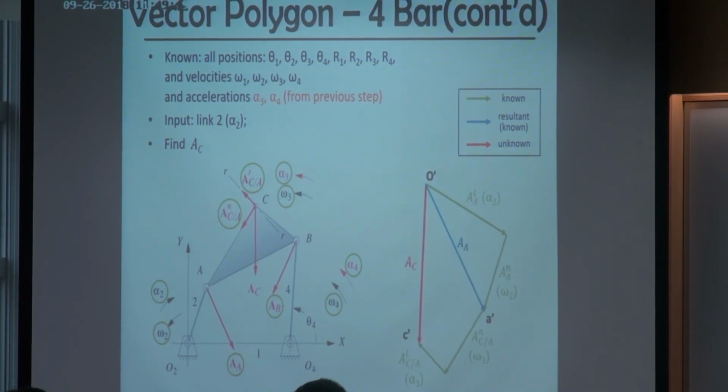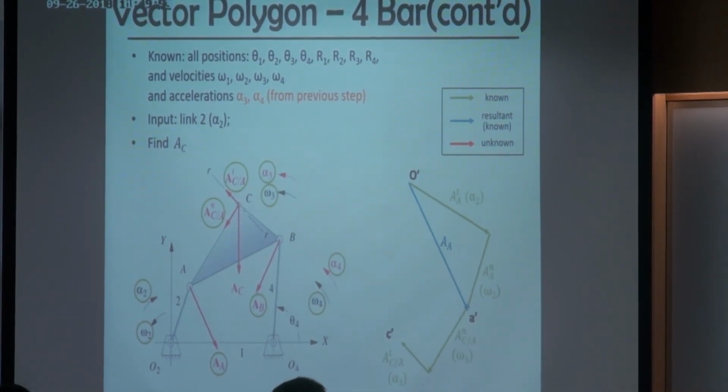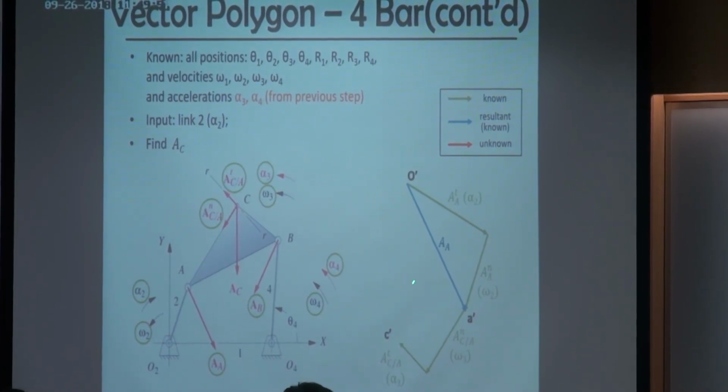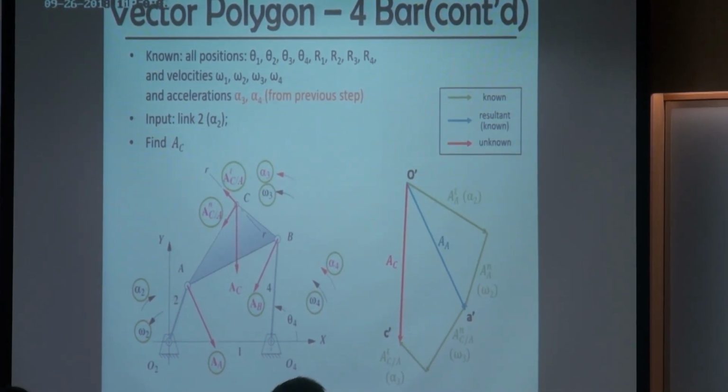So how can we find it? Well, indeed, we don't need to find these two, because by doing so, we already find point C. You just connect this point to this point, then we get the absolute acceleration of point C.